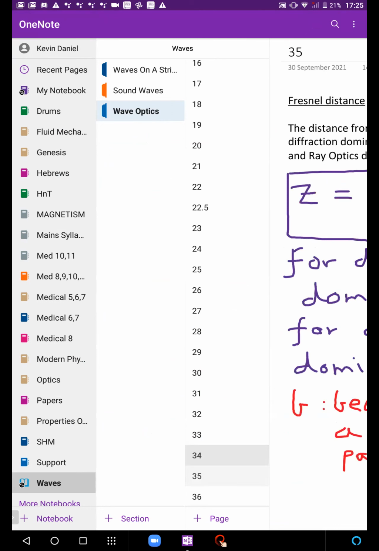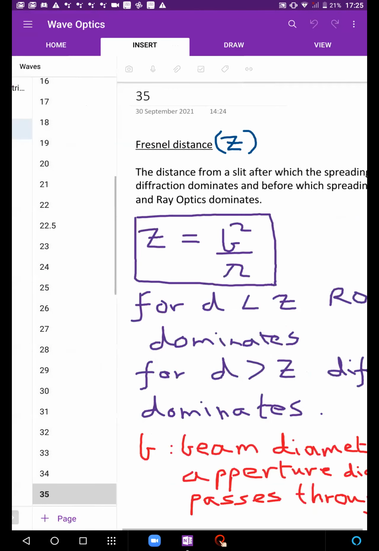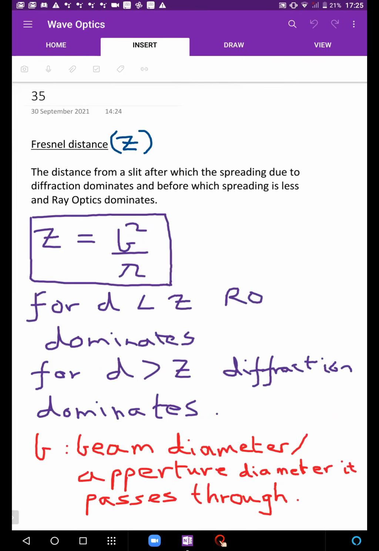Fresnel distance, not very important, but basically b square by lambda. If you're at a distance less than b square by lambda from a slit, or from a lens, then if you're at a distance lesser than the value, then the results of ray optics are valid.